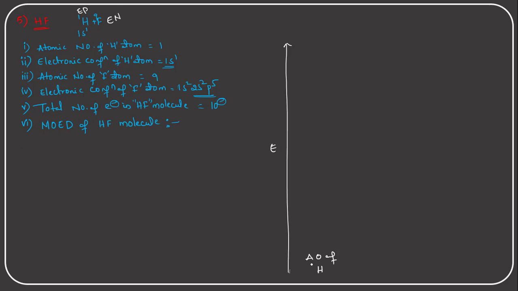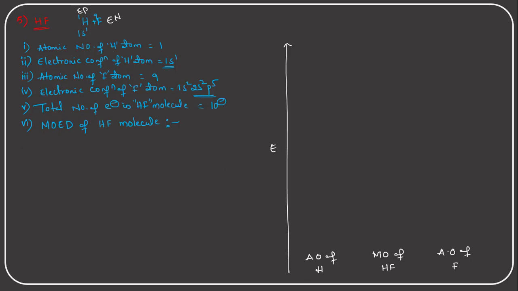So the atomic orbital of hydrogen I am taking on the left side, and the atomic orbital of fluorine on the right-hand side. And then the molecular orbitals of the HF molecule, hydrogen fluoride molecule.